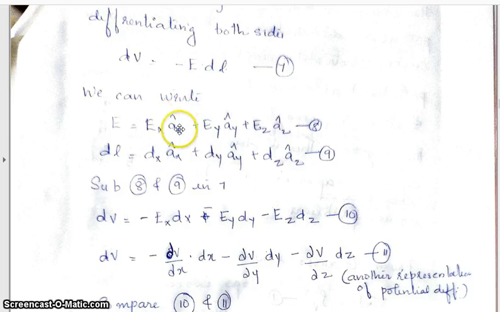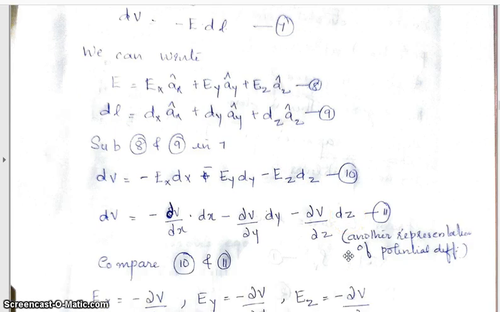Okay. Now Ex can be written as minus dou V by dou X, so Ex is dou V by dou X into this dx, Ey is dou V by dou Y into this dy, Ez is dou V by dou Z into this dz.